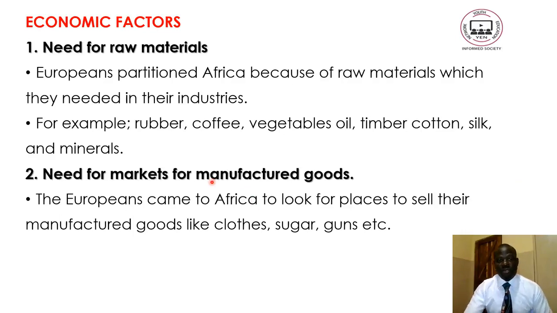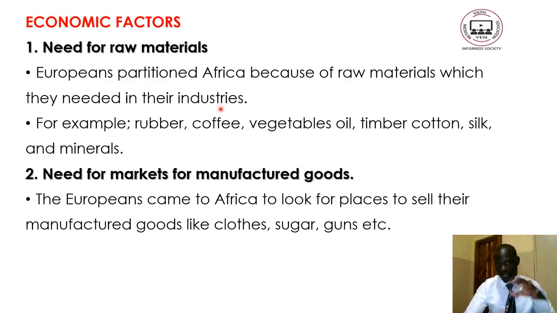Apart from social factors for the partition of Africa, there were also economic factors. What were these economic factors? Number one, need for raw materials. Europeans partitioned Africa because of raw materials which they needed in their industries. They needed raw materials to boost their industries.